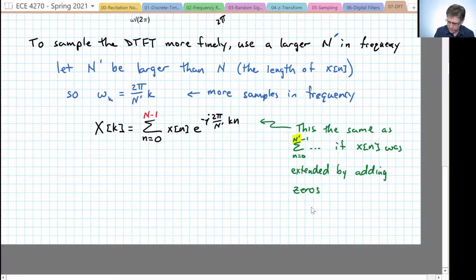And we call this zero padding. Let me write that legibly and see if that helps. So why can we zero pad?